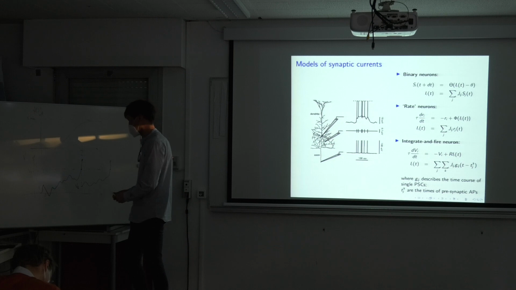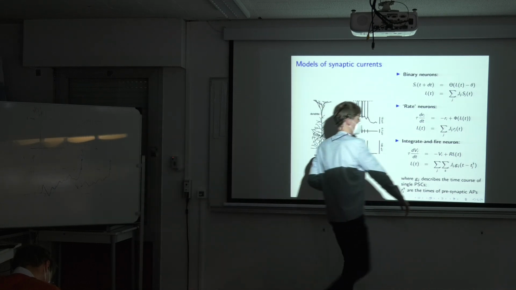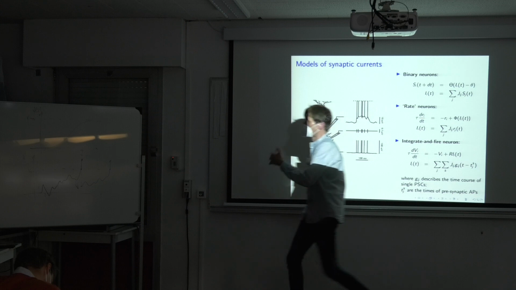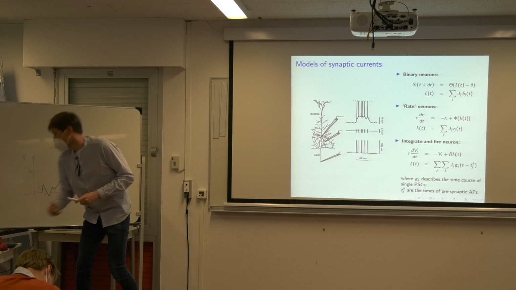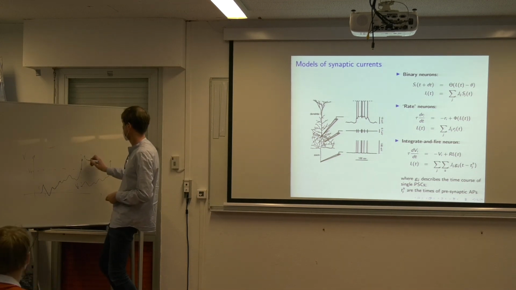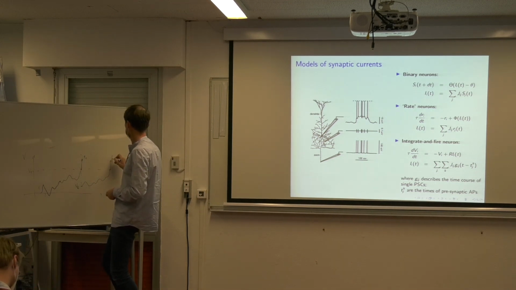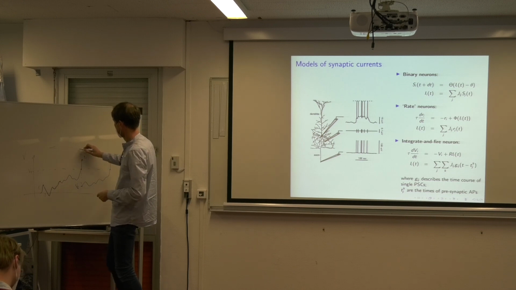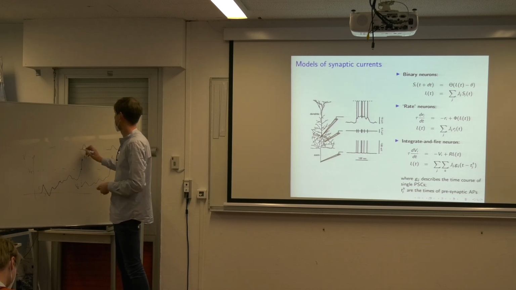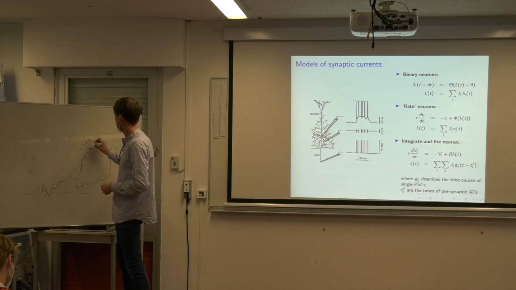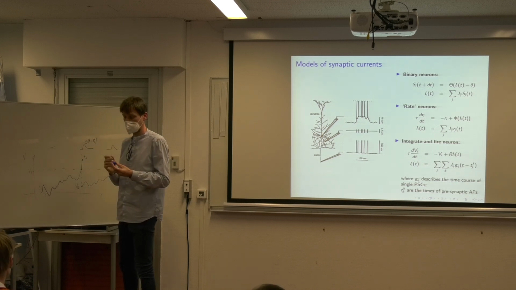So if I come back to my little cartoon of the integrate-and-fire neuron here, this is t1, t2, and then this will lead to a function g of t minus t_j^k, which typically looks like this.